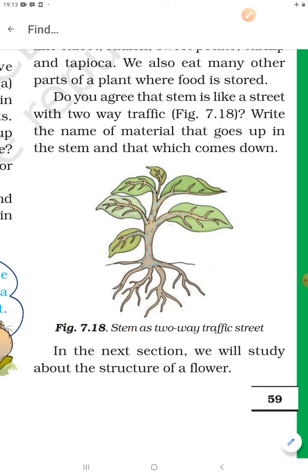Write the name of the material that goes up in the stem and that which comes down. Water and minerals, which are very important for photosynthesis. You know that the photosynthesis process is very important. In the first activity, as I was discussing, we are watering the plants, one with roots and one without roots.